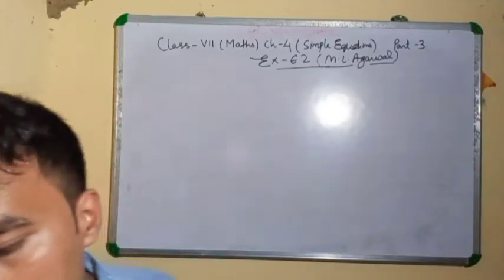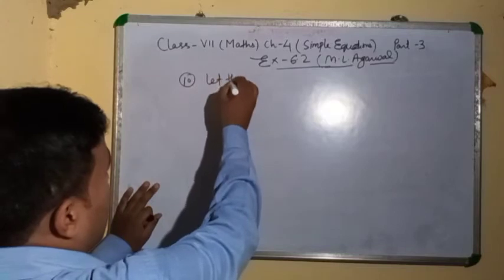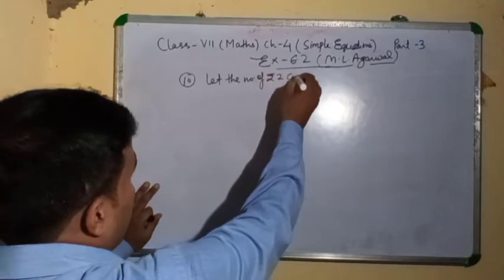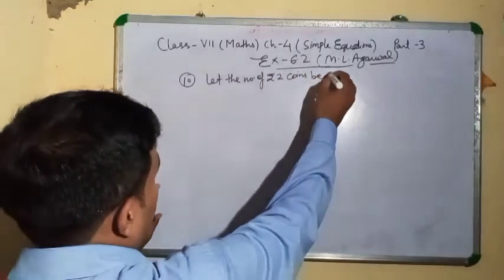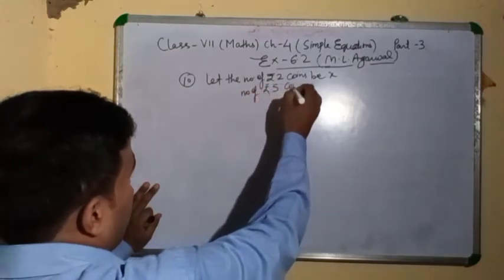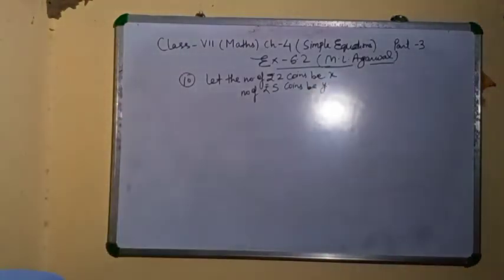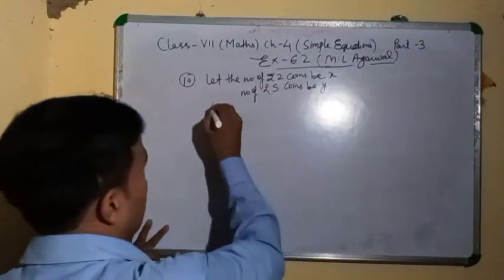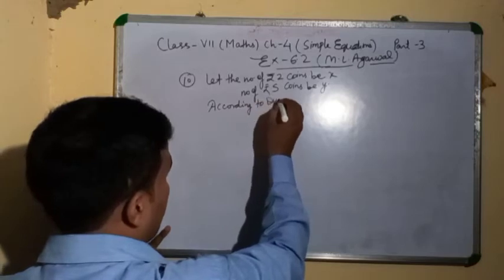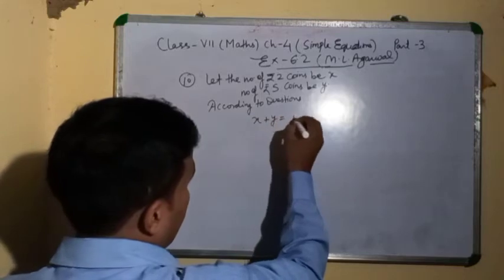Clear? First of all we will write: let the number of 2 rupee coins be x, number of 5 rupee coins be y. Clear? Total number of coins, according to the question, x plus y equal to 80.